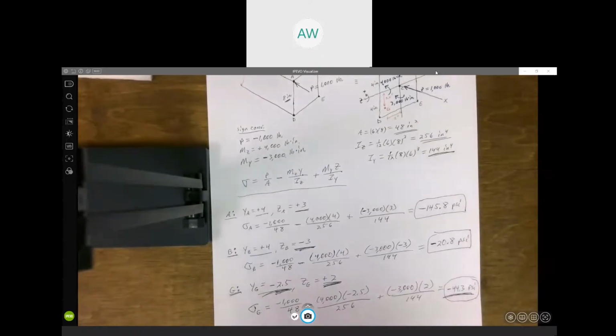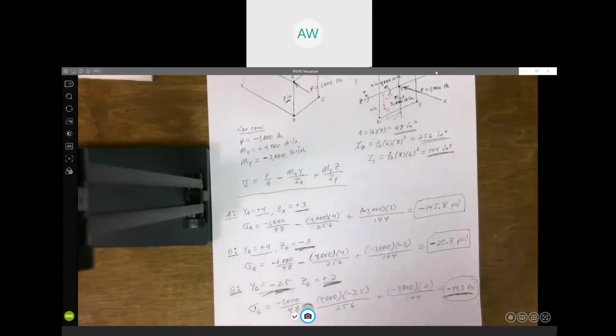All right, so any other question about combined axial and bending? Okay. Don't overcomplicate this. I think I mentioned this yesterday. I've seen students do weird things on problems like this, where they'll go calculate a different moment for a different point.